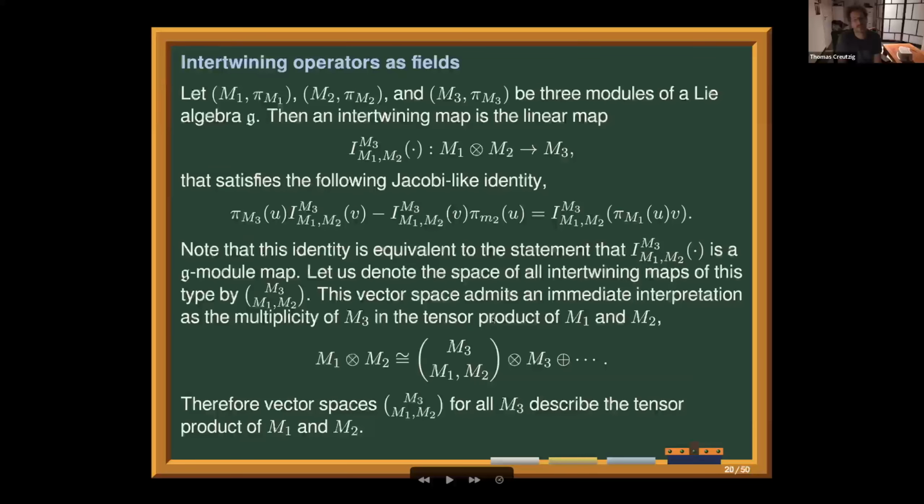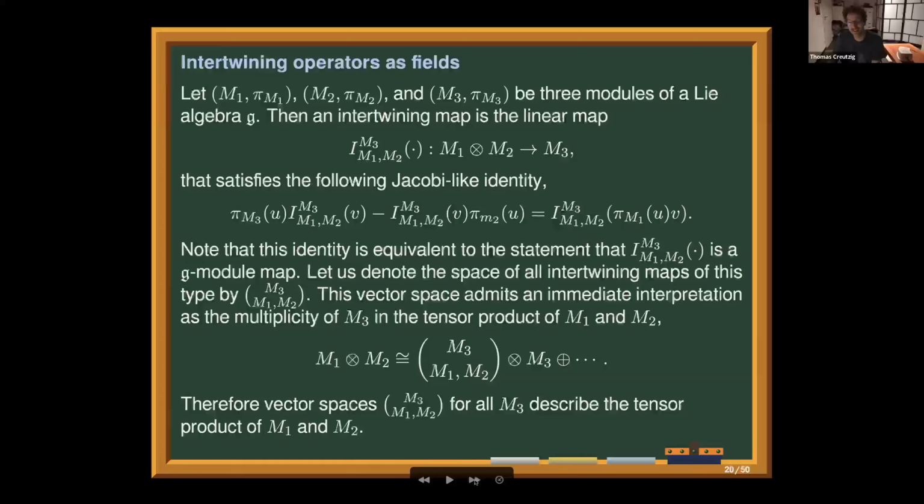So these spaces of intertwining operators describe the tensor product of Lie algebra modules. For example, for the Lie algebra sl2, their dimensions are computed by the Clebsch-Gordan coefficients. So you might have seen that there.